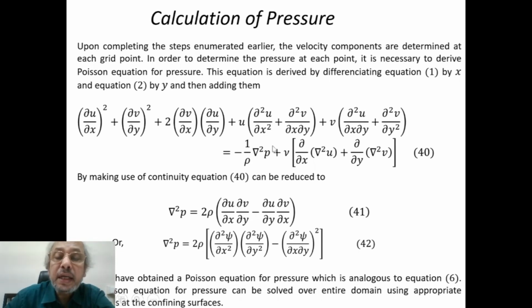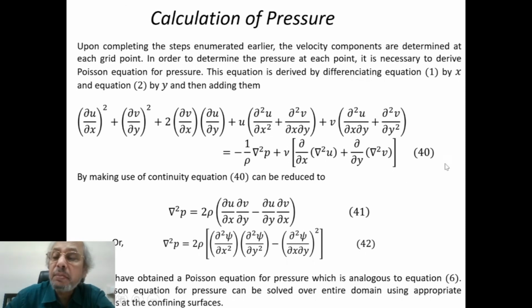And on the right hand side, we clearly get basically the Laplacian of p. So that is basically 1 by rho grad square p equal to plus nu times del/del x of grad square u plus del/del y of grad square v.